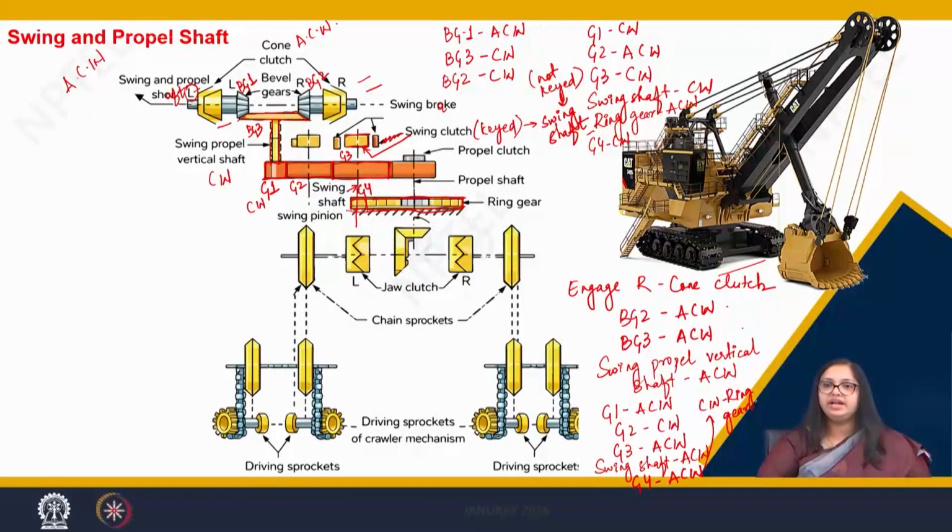Now, when the right cone clutch is attached, at that time my swing shaft is rotating in anti-clockwise direction, and that leads to the clockwise movement of the ring gear. So, it can move left and right with this power transmission mechanism.